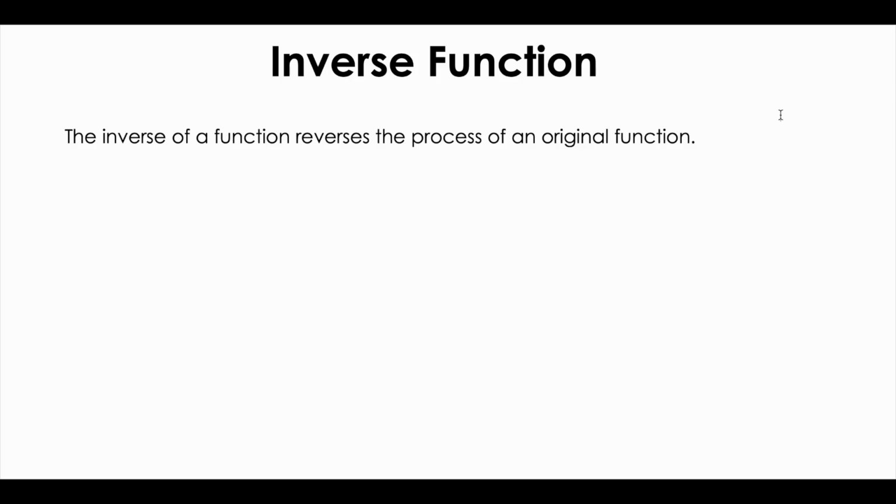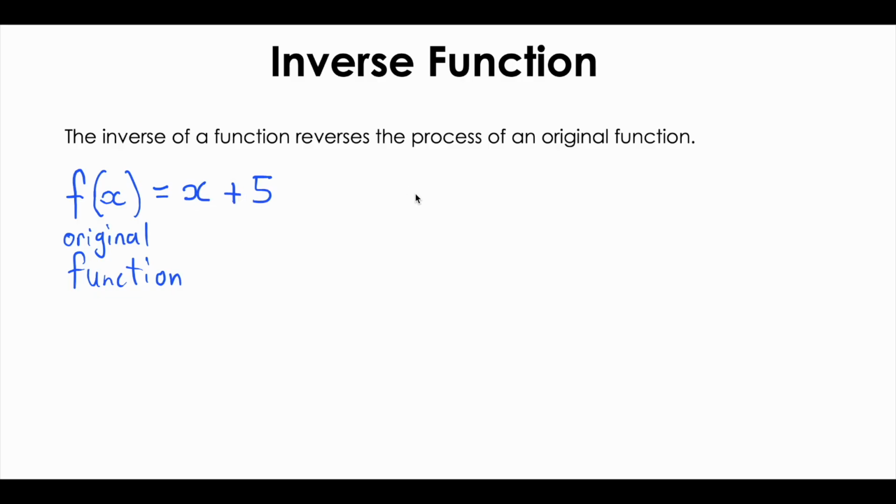So let's say we had a function that was considered to be f of x. So this is my original function f of x, and let's put a value to this. So let's say for this function it's equal to x plus 5. Now if I have the inverse of a function, it's written like this. So f to the power of -1 would be the inverse of function f of x.